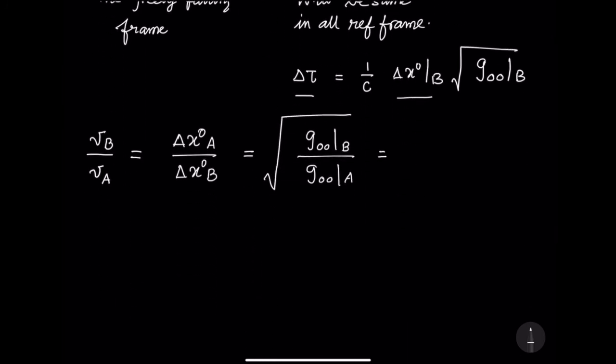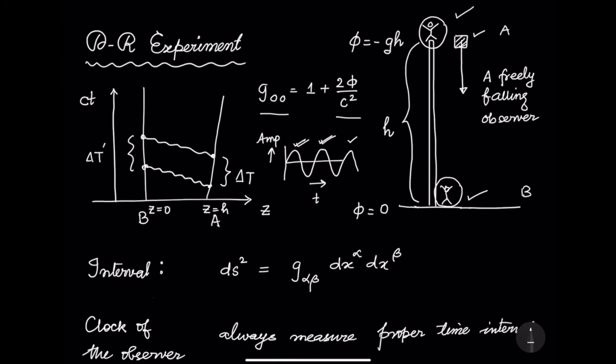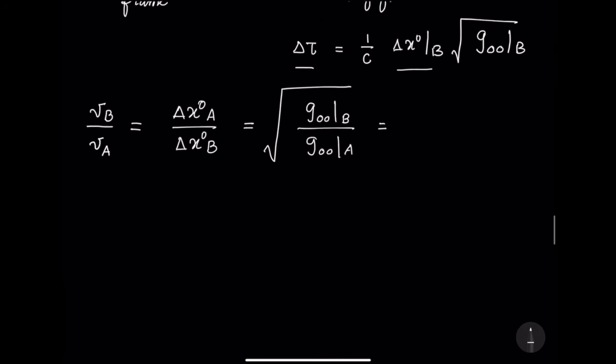Now what is this? G00 at B: phi at B is essentially 0. So G00 at B is 1. So this is 1 by, and this is 1 minus 2GH by c square, where G is the acceleration due to gravity, which approximates to 1 plus GH by c square.